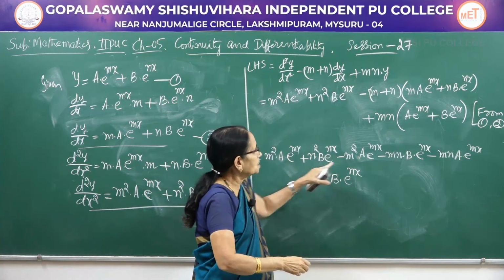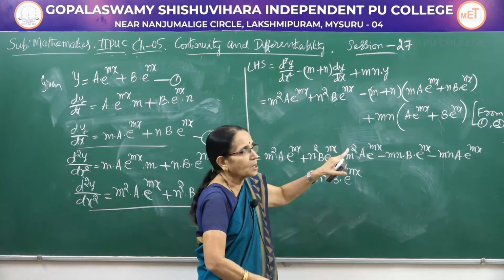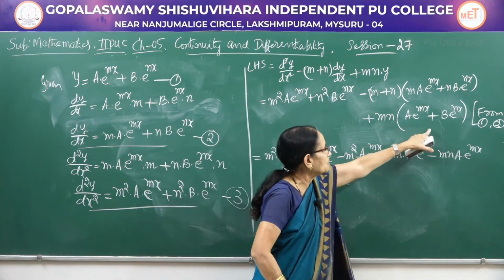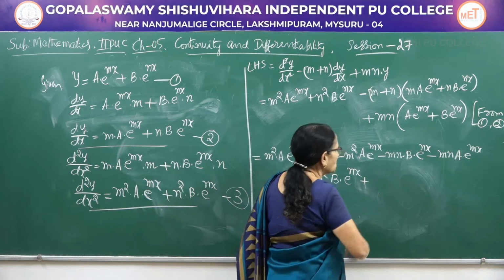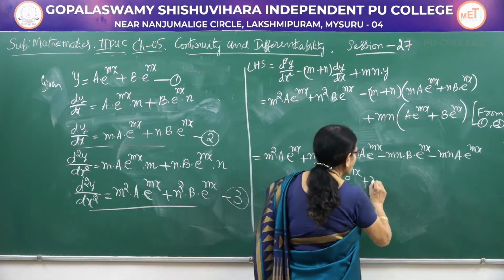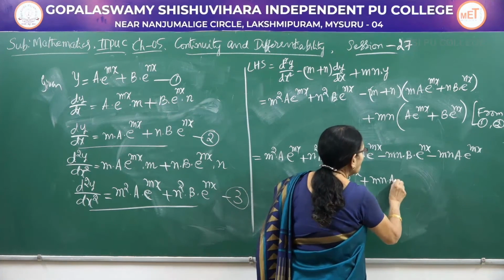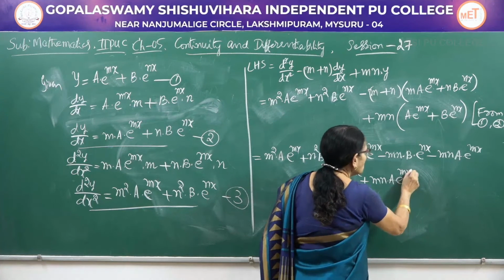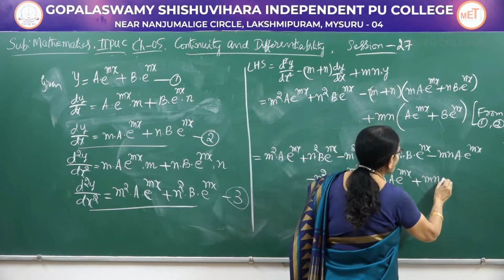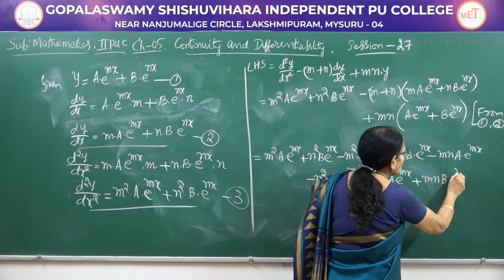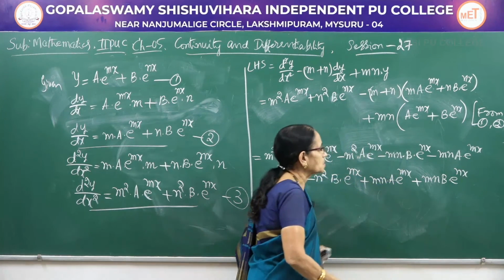So, two terms here, and 4 terms from that one. Now, there are two terms, both of them should be multiplied by mn. That is, you write mn into a into e to the power mx plus mn into b into e to the power nx.